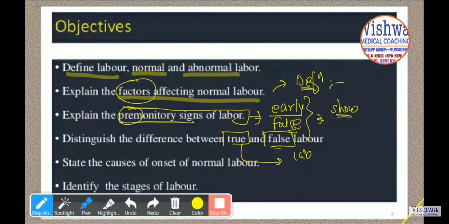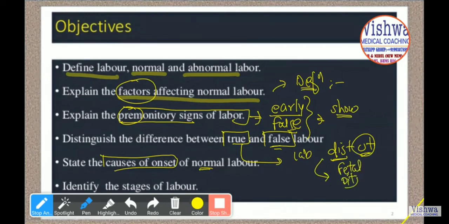We are also going to cover what exactly causes the onset of normal labor. I think in the last lecture we covered that distension of the abdomen or the uterus can give rise to initiating the contractions, and the other factor responsible is the maturation of the fetal pituitary gland, which leads to initiation of normal labor.